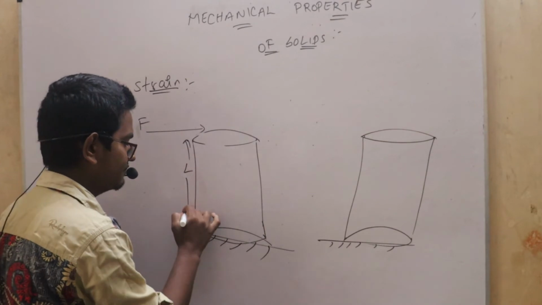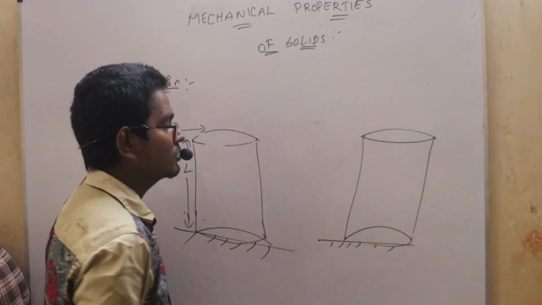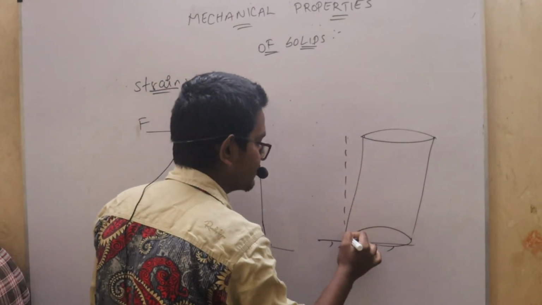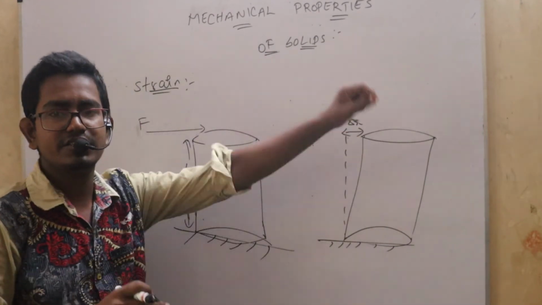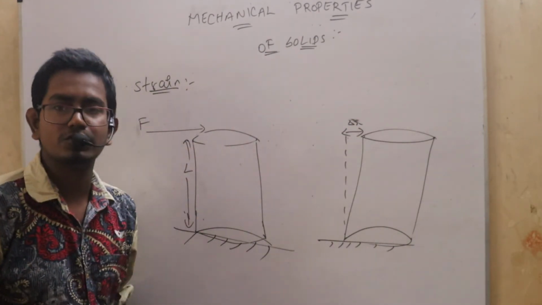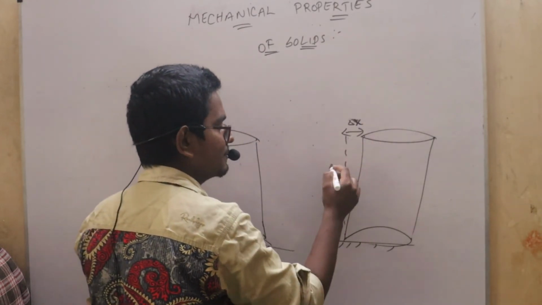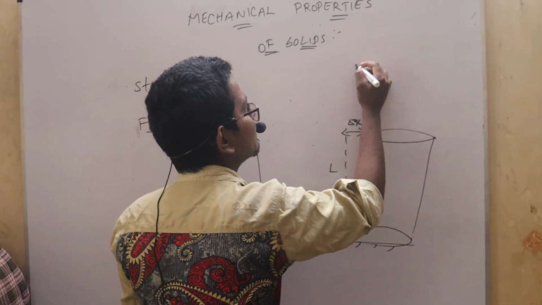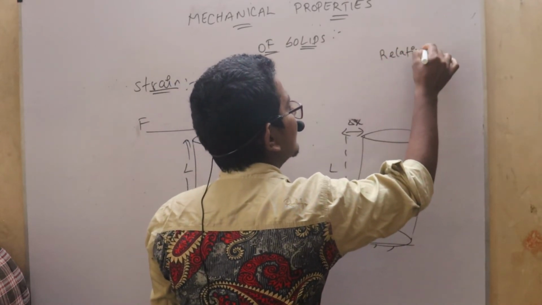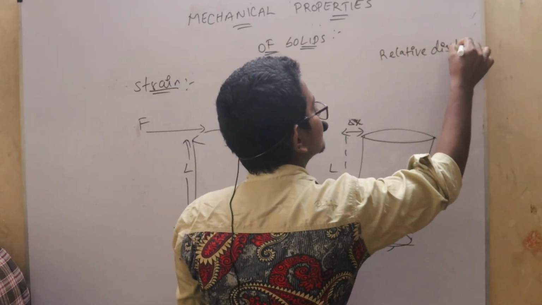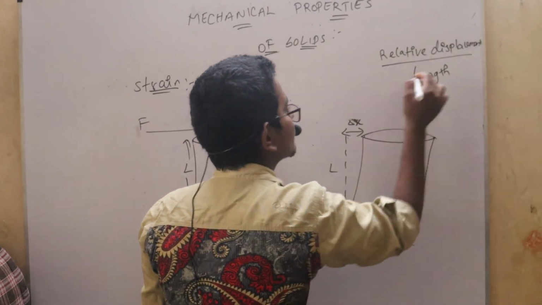It is the length L. You can see the position of the cylinder has changed. Initially the cylinder is here, so it is the relative displacement which happened just due to my deforming force. As I am observing the relative displacement, the ratio of relative displacement to its length will be known as shearing strain.